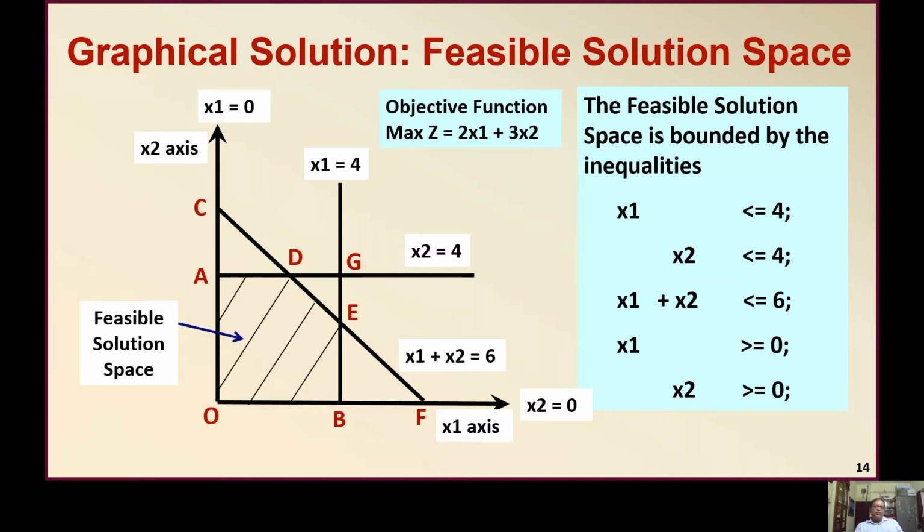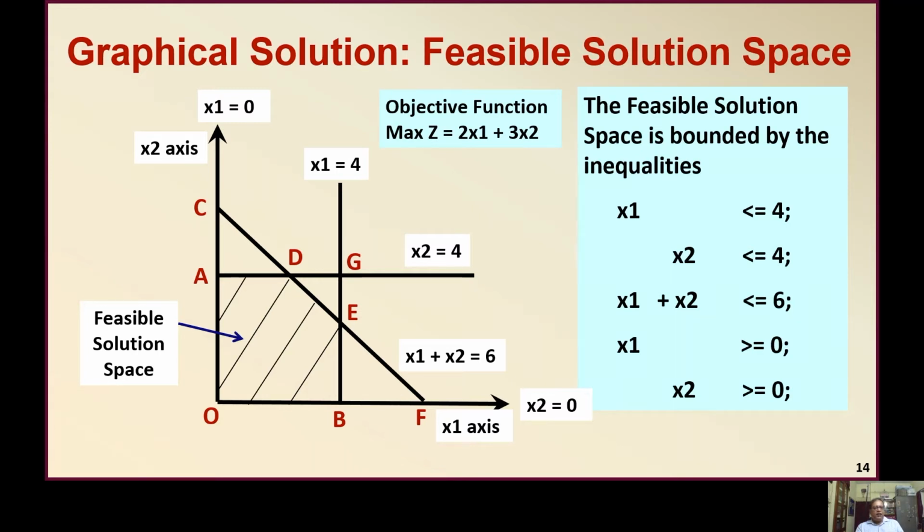So what has happened, if you look at it very carefully, you will find that since x1 is less than equal to 4 and this line is x1 equal to 4, this portion is going to be the domain of x1 less than equal to 4, because you put 0, 0, it is satisfied.